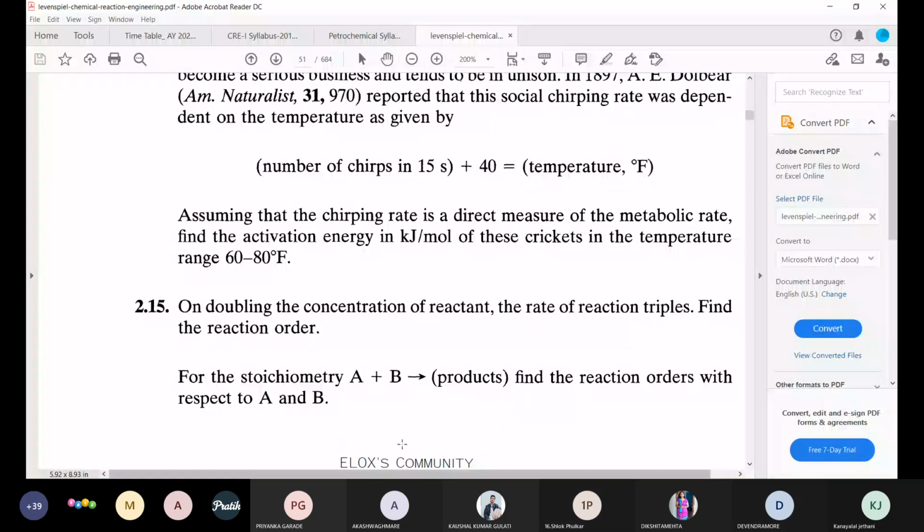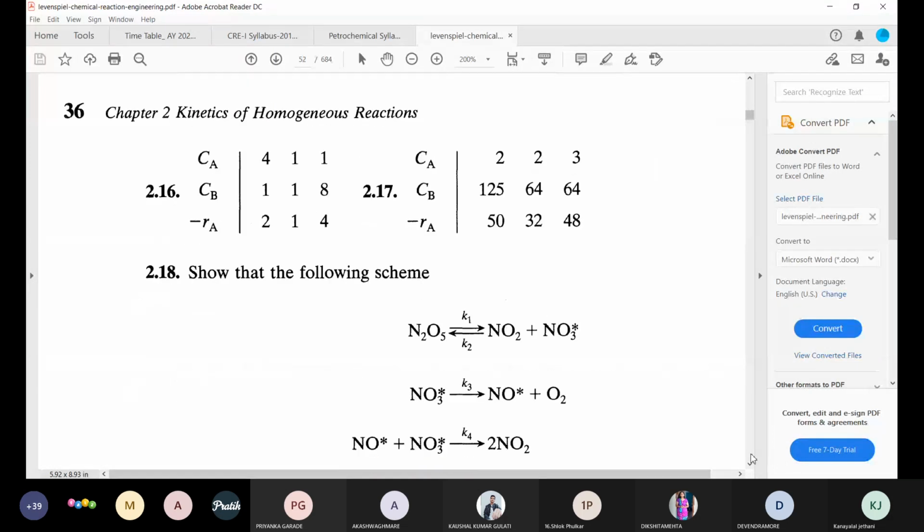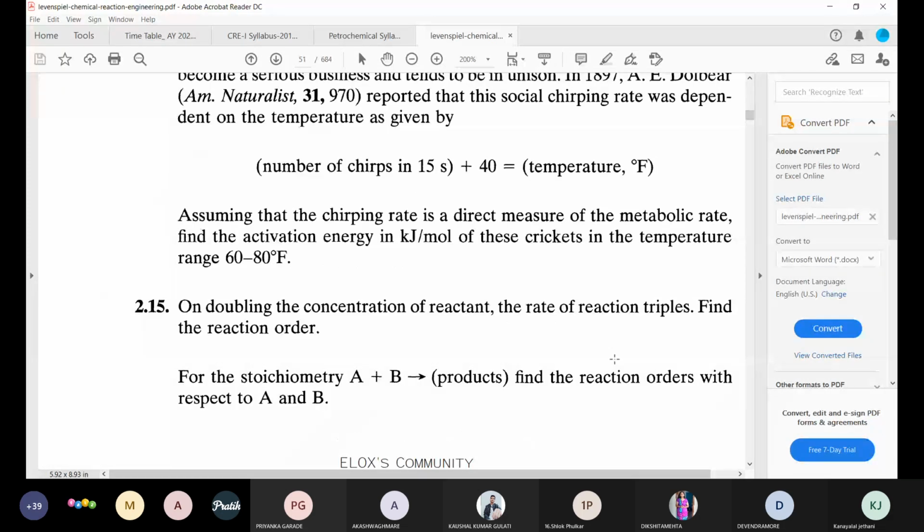So we have to solve this problem 2.15. On doubling the concentration of reactant, the rate of reaction triples. Find the reaction order. This is only this part, not the one below; that is for 2.16. So let's not worry, it's only these two lines.